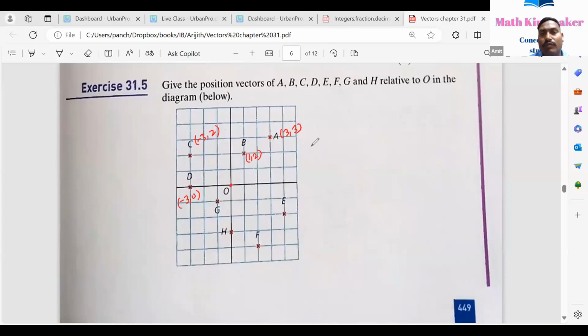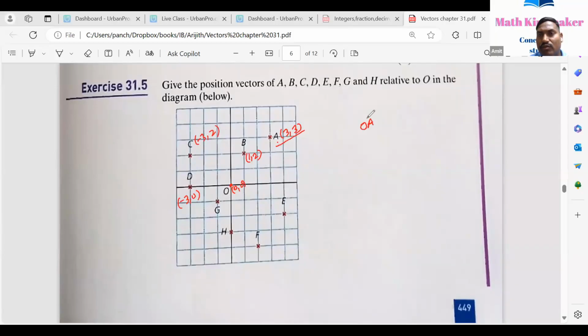So this will be the position vector of A, B, C, D, E. Position vector of A with respect to origin. Origin means 0, 0. So with respect to origin, the position vector of the coordinate will be this only.